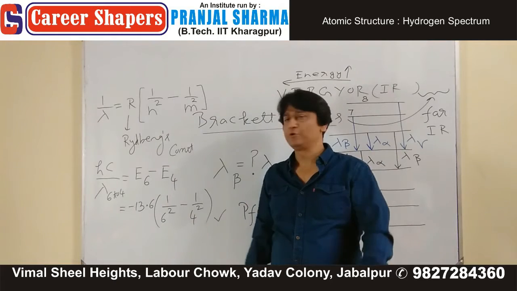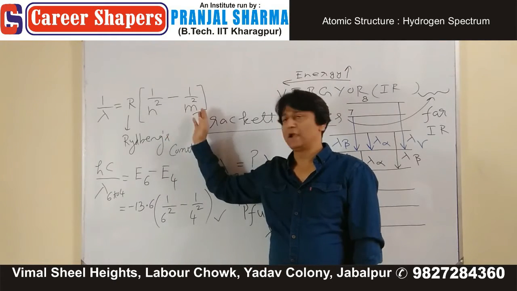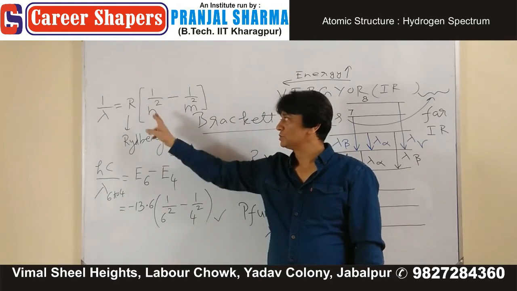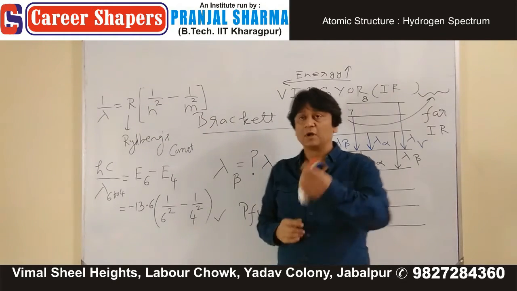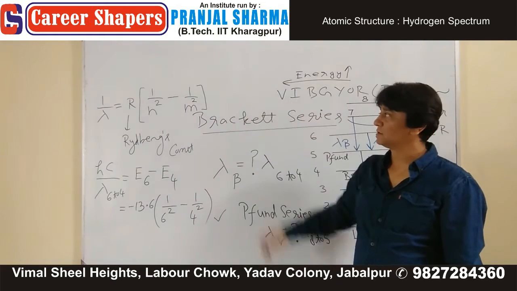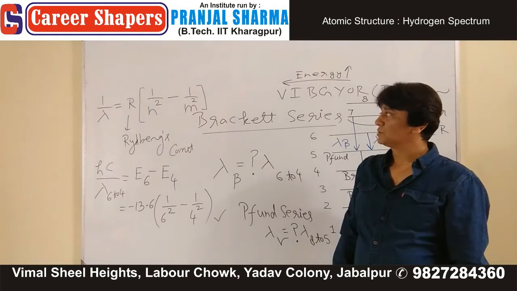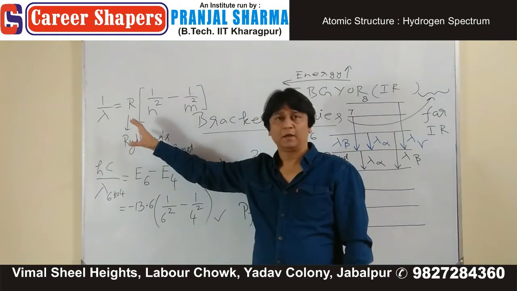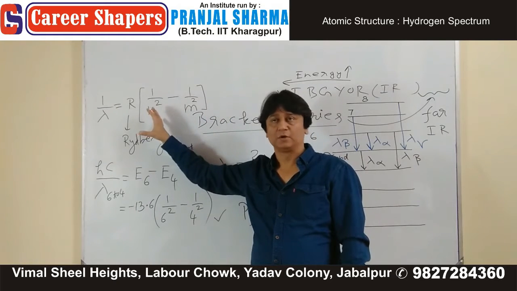Just for your simplicity, you can always write n1, n2, you can always write n dash, whatever you wish. Let's use nm. So what Rydberg found is that whenever these jumps take place, they always satisfy this type of relation.